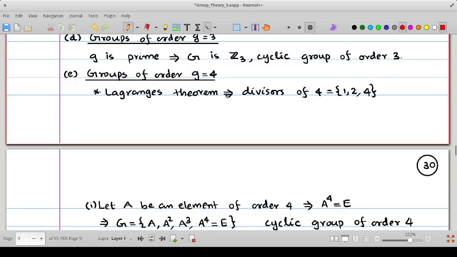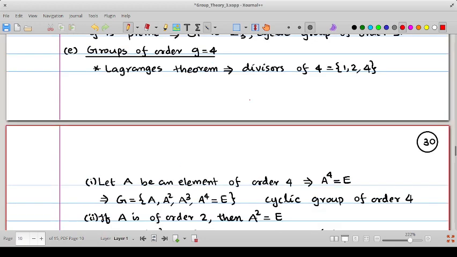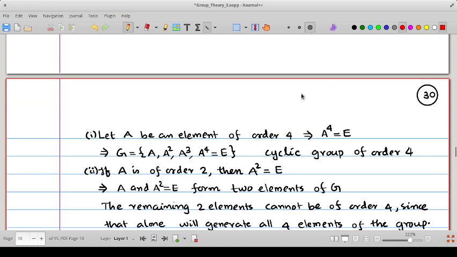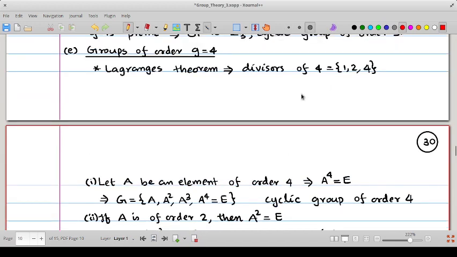So we will consider different possibilities of constructing a group with 4 elements. Obviously, the element should have order 1 or 2 or 4. So let us consider the first case where we take one of the elements to be of order 4. So that will generate 4 elements.